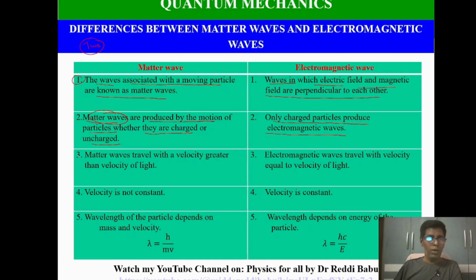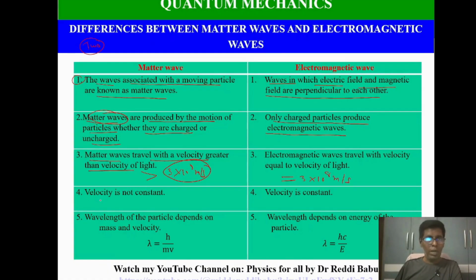Coming to the third one, matter waves can travel with a velocity greater than the velocity of light, that is equal to 3 into 10 power 8 meter per second. Matter waves have a velocity more than the velocity of light. Coming to the electromagnetic wave, its velocity is equal to the velocity of light, that is 3 into 10 power 8 meter per second.